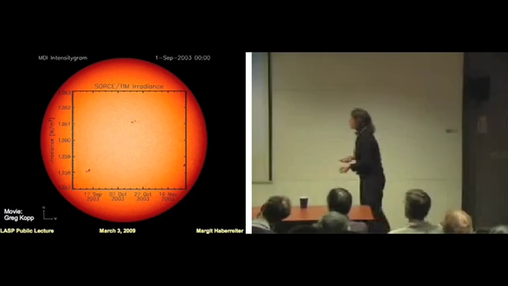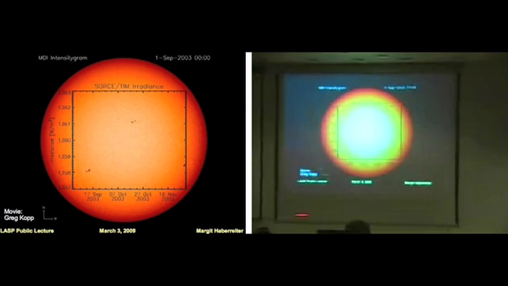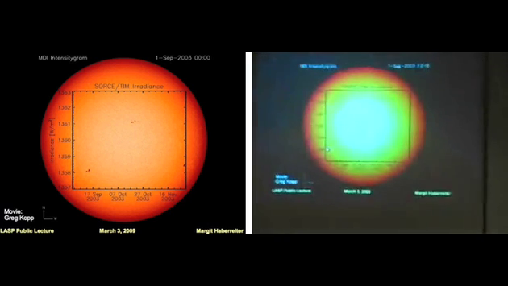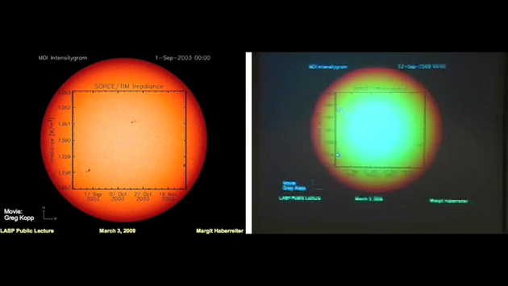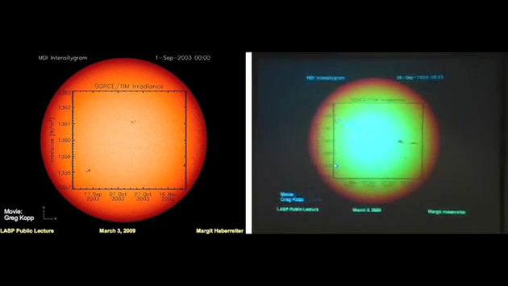And I would like to show you a movie. This is courtesy of Greg Kopp, who put it together. This is the SORCE TIM irradiance measurement as a function of time, from mid-September to mid-November.